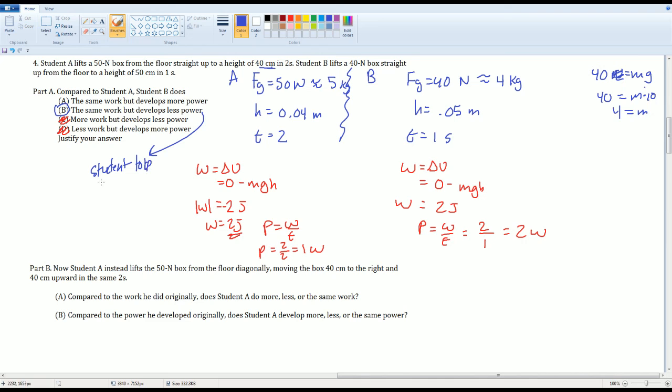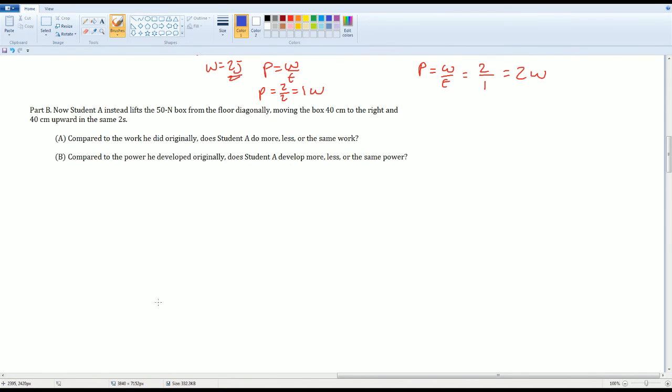Now student A instead lifts the 40 Newton box from the floor diagonally, moving 40 centimeters to the right and 40 centimeters up in 2 seconds. So this is the first scenario that he did. He went 50 newtons up the first time.